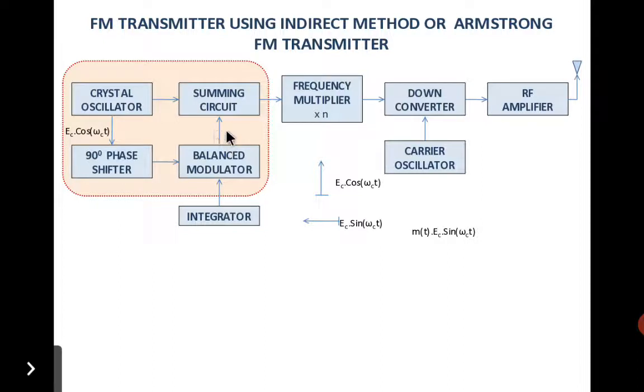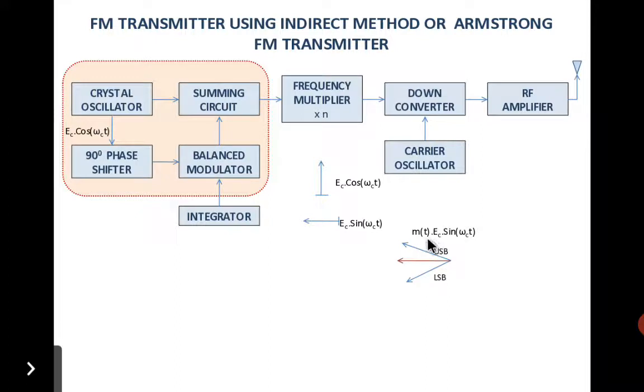This represents a DSB-SC signal, a double sideband suppressed carrier signal. We know that a DSB-SC signal will have an upper sideband and a lower sideband, and the resultant is as shown here.